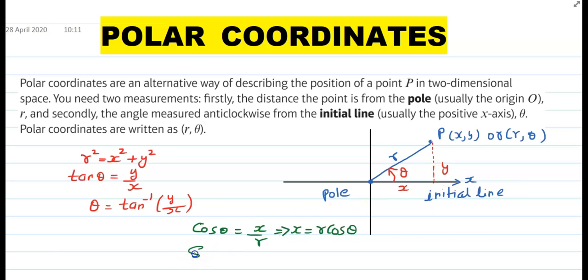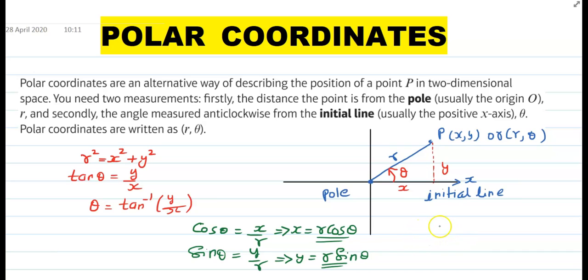Similarly, sin theta equals y over r, and this gives y equals r sin theta. So we got x is r cos theta and y is r sin theta.